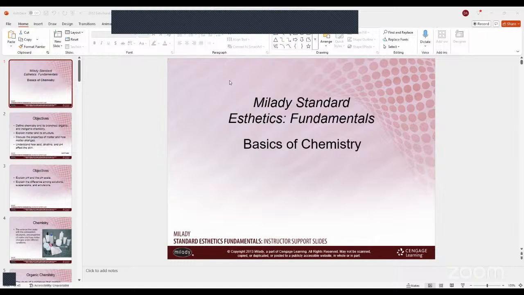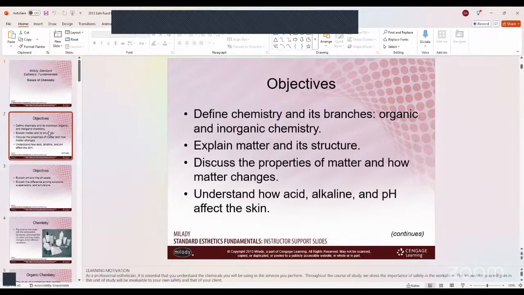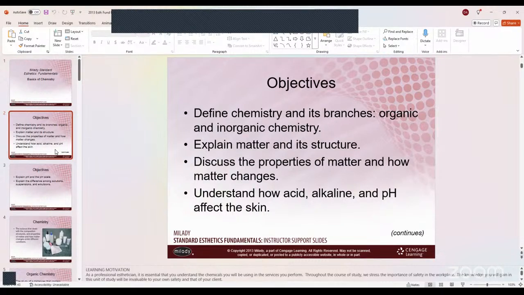So yes, this is the base of chemistry, but we have also added chemical safety. You'll start to see that in our newer version within their SEMA portal. Some of the objectives we're going to focus on, and we have two slides of objectives, one being define chemistry and its branches.